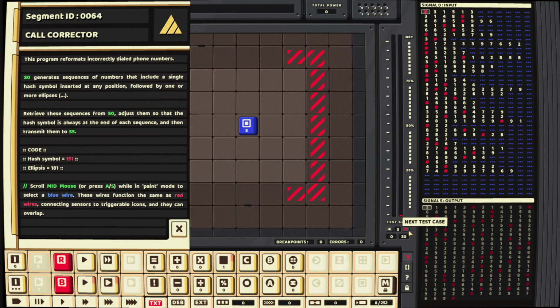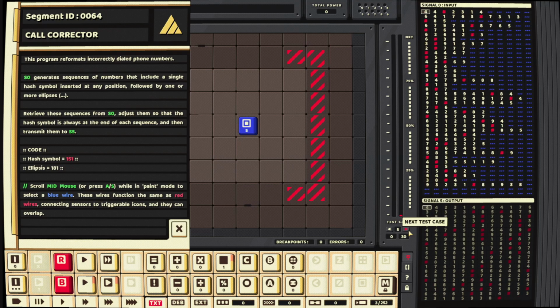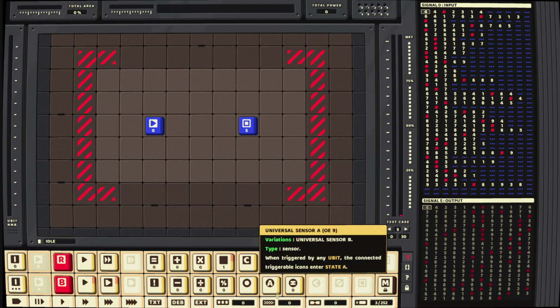So I think it's reasonable to say that we're not supposed to handle correctly dialed phone numbers, only incorrectly dialed, meaning the hash isn't at the end. I think that's okay. Okay. No new gadgets are suggested to me for this puzzle, it looks like.